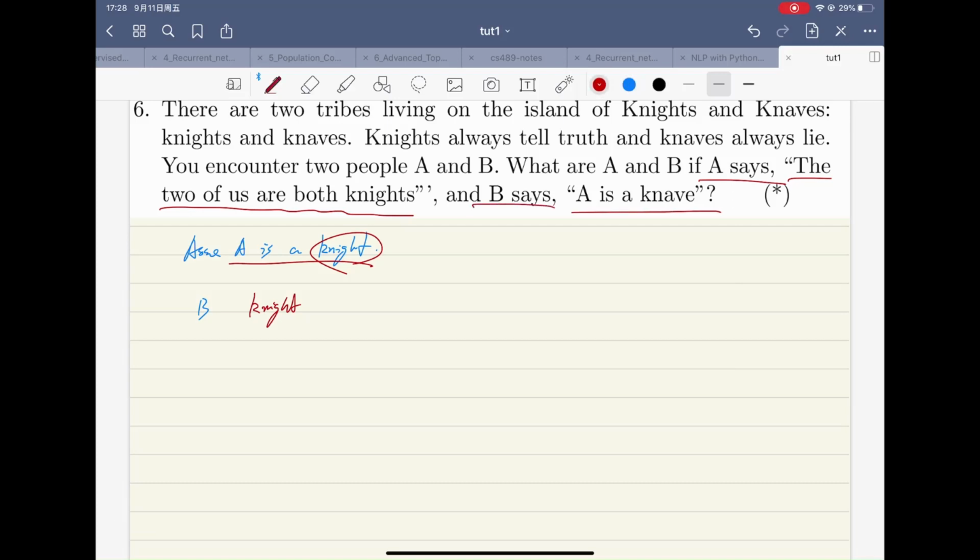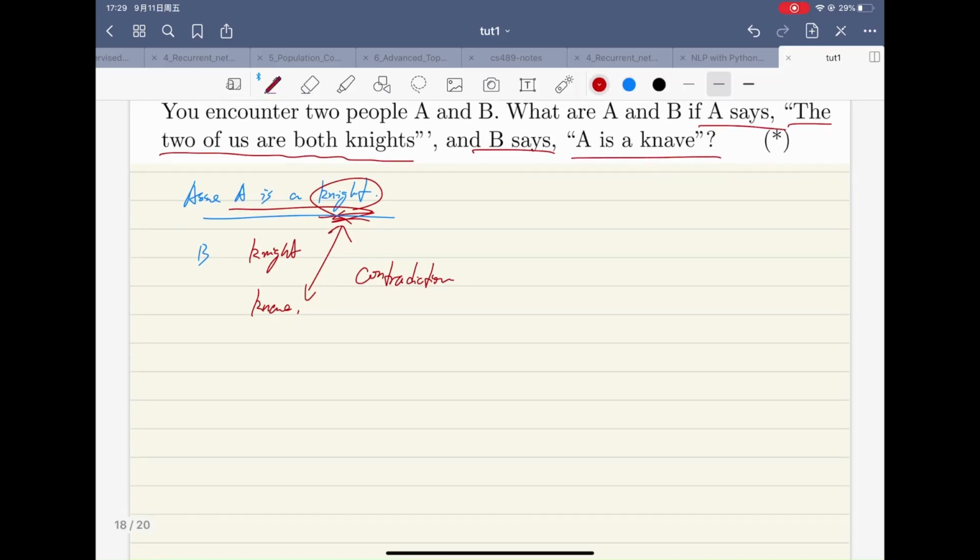B says A is a knave. But by our assumption, A is a knight, but B says A is a knave. Here is a contradiction. Yep, we found a contradiction. Then the assumption is false, the assumption is incorrect. So A must be a knave.